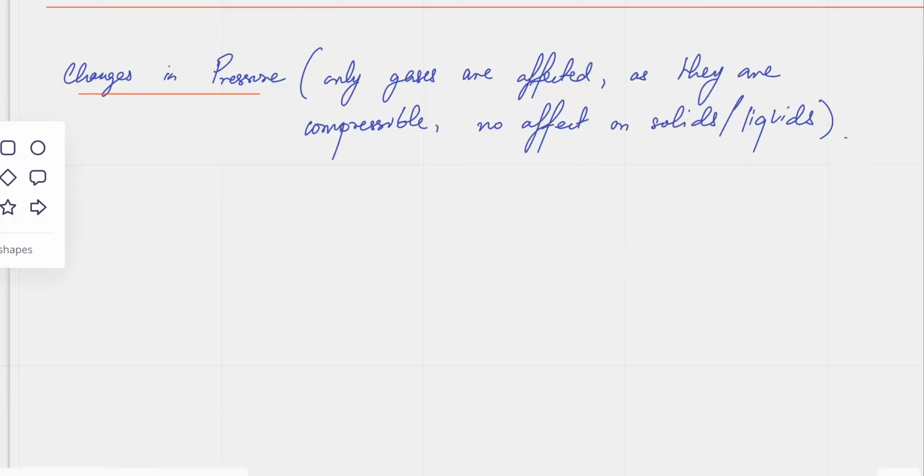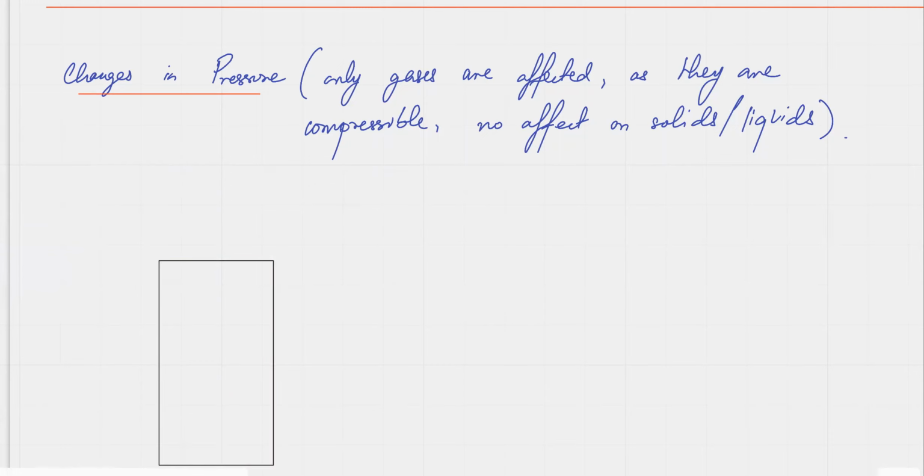The only difference is that this time what I'm going to do is कि I'll have a piston on top, a movable piston, ठीक है?